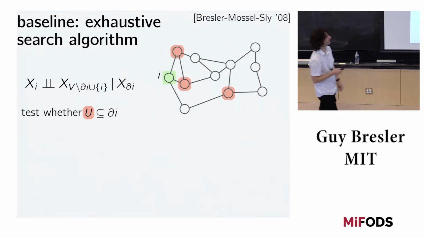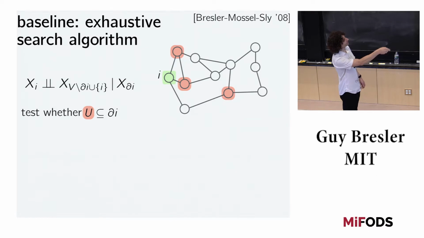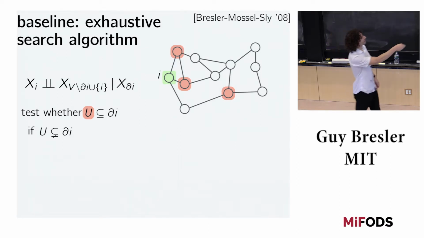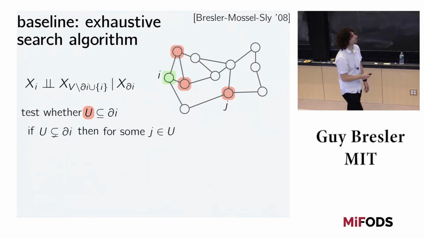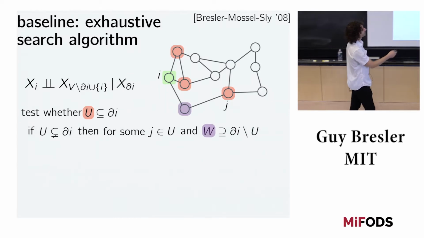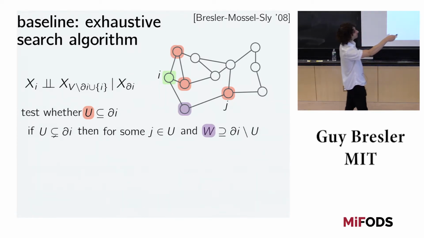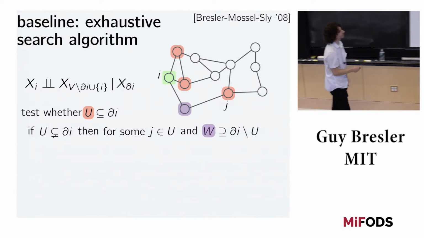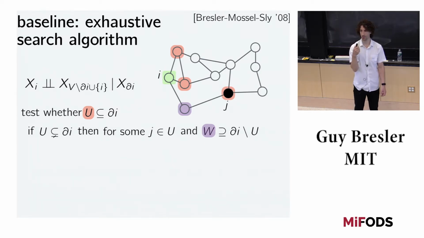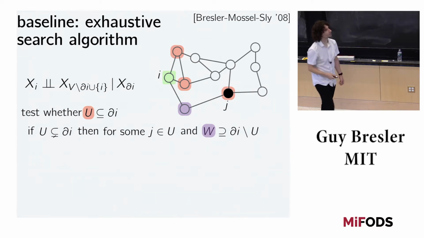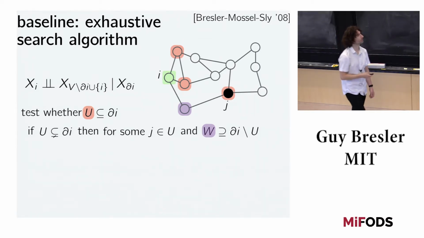How do we do this test? Imagine that U is not a subset of the set of neighbors. So here's some node J that's not a neighbor. If you take that node, and now you condition on the rest of the neighbors, so that's this W, then changing the value of J does nothing to node I because of the conditional independence.